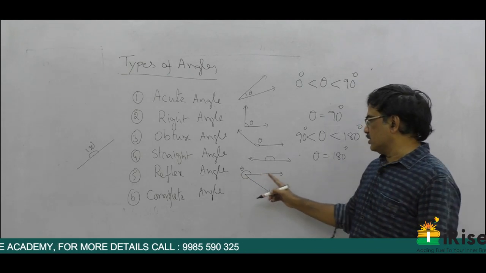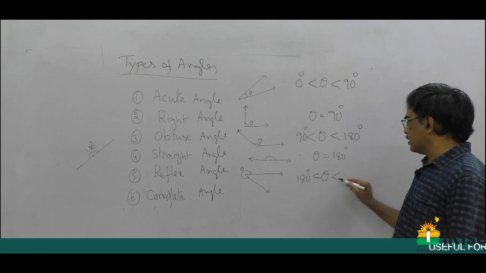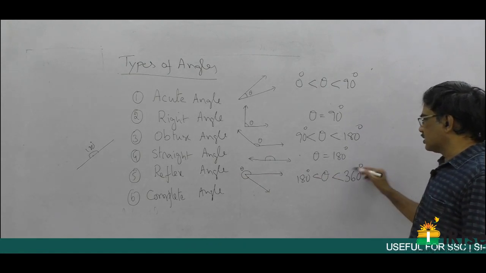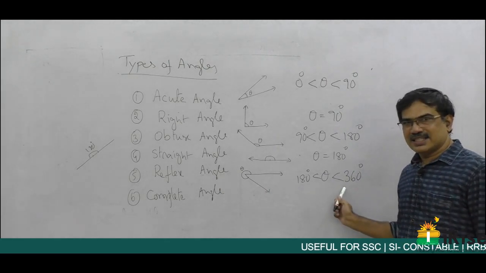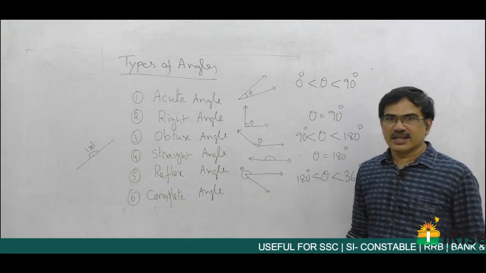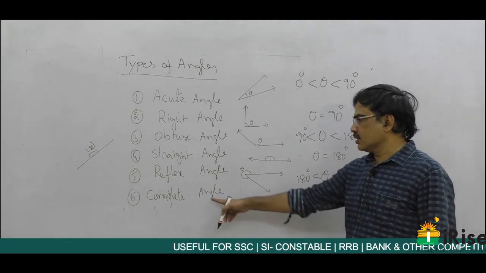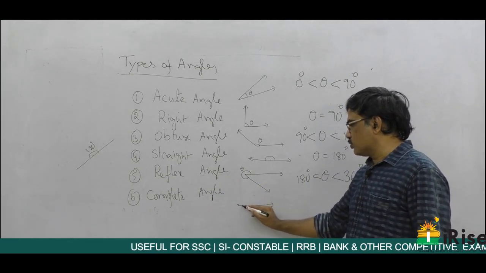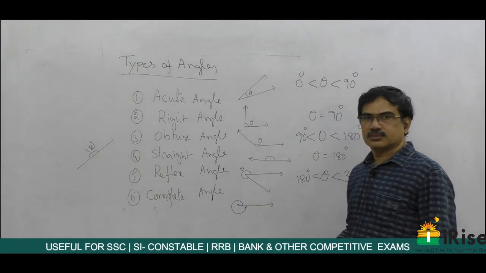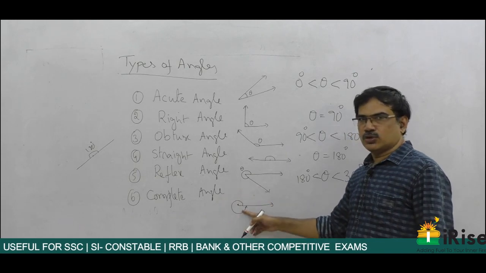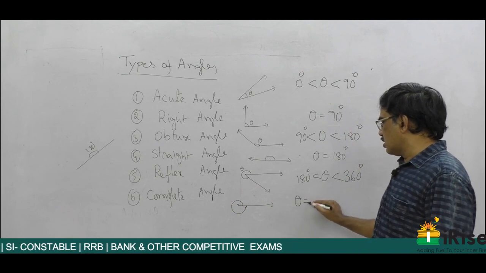If the angle between two rays is more than 180 degrees and less than 360 degrees, then it is called a reflex angle. Complete angle: if a ray completes one rotation and coincides with the original position, it is called a complete angle.